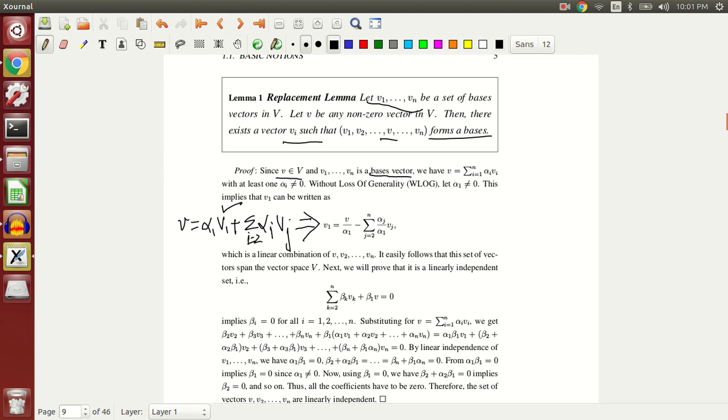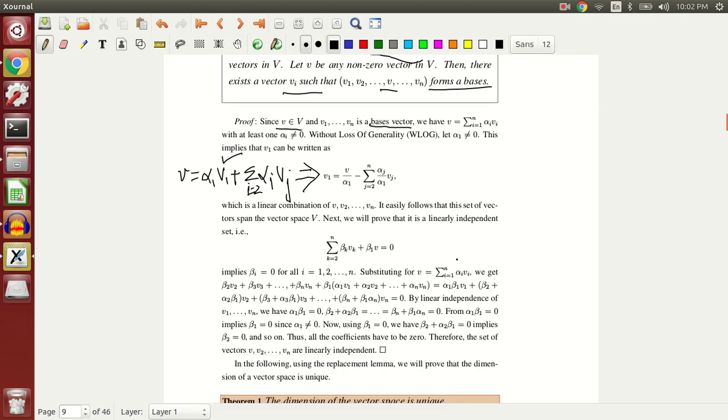So this is a linear combination of v, v2 up to vn. As you can see, v1 is not included. We have replaced that with v. Then it easily follows that this set of vectors spans the vector space V. By definition, we have replaced it with another vector which is part of the vector space V. This still spans the vector space V. True.